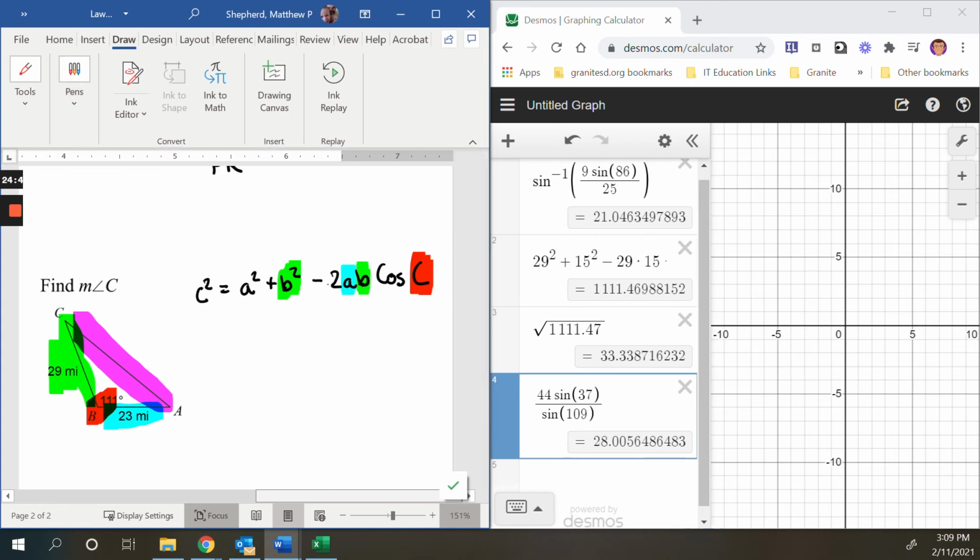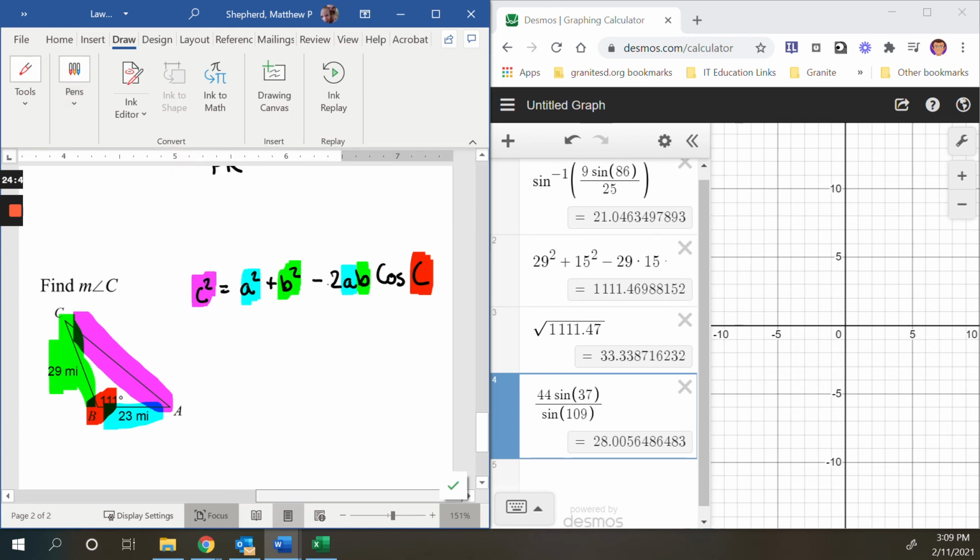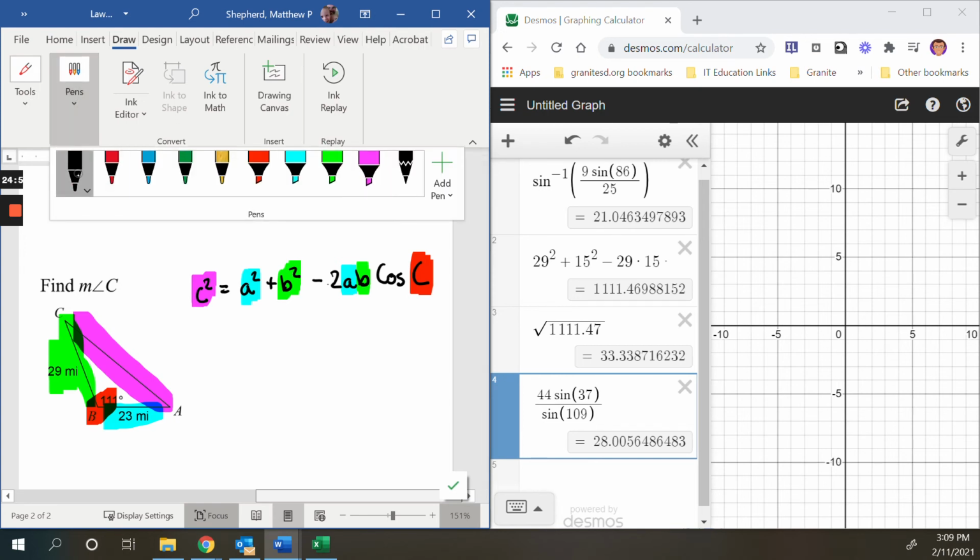And that helps keep me from making any mistakes. And that should tell me C. All right, I've got everything labeled. I know where all my numbers are going, and this will help me to find C. So let's go ahead and do that.